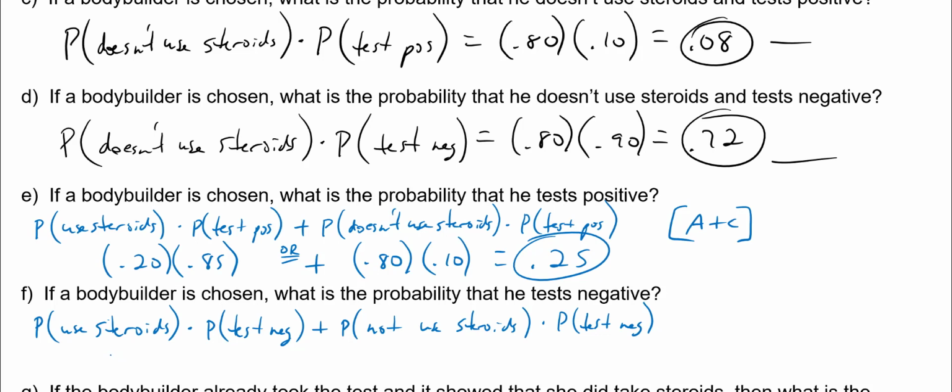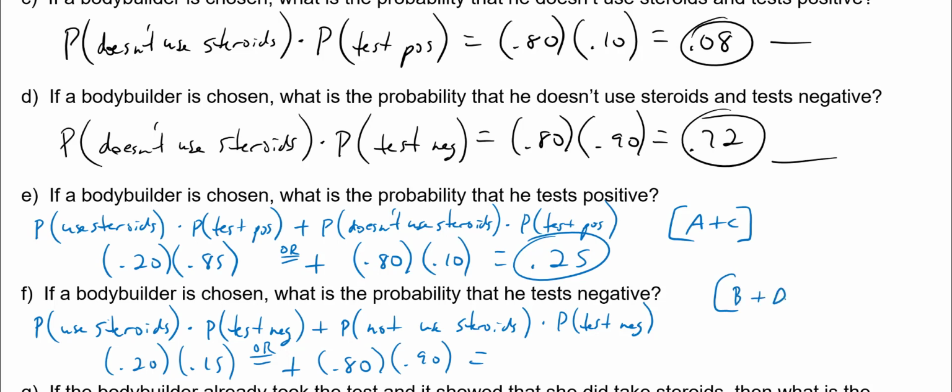So that's going to be 0.20 using steroids but test negative, 0.15, and it's again plus, not using steroids, 0.80, and testing negative, 0.90. That's our most common one. Okay, and for this one, that is B plus D, the ones we've done already.